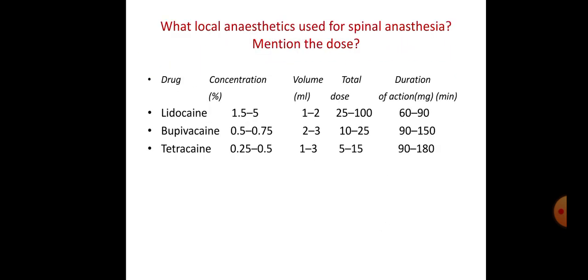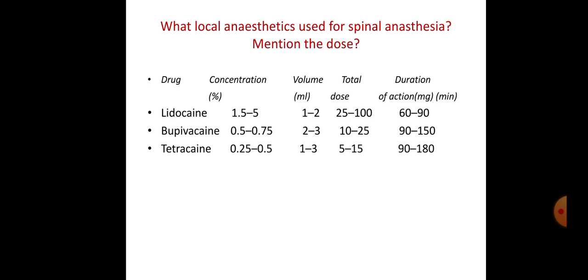Okay, coming to the next slide: what local anesthetic is used for spinal anesthesia? Mention the dose. There are many local anesthetics, but mainly we will use lidocaine, bupivacaine, and tetracaine for spinal anesthesia.